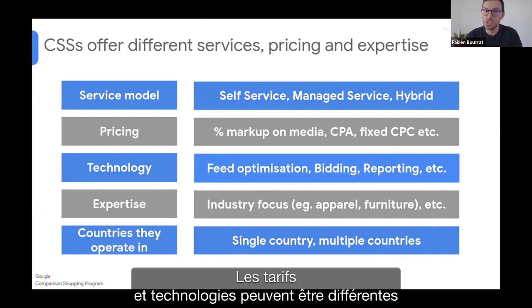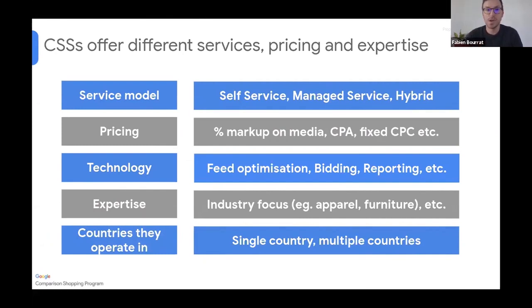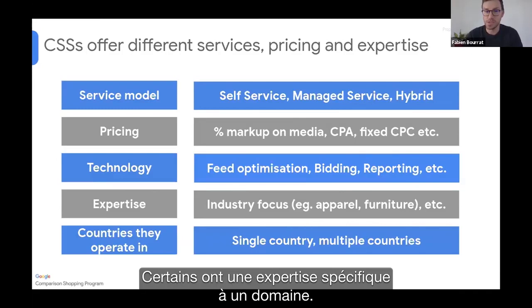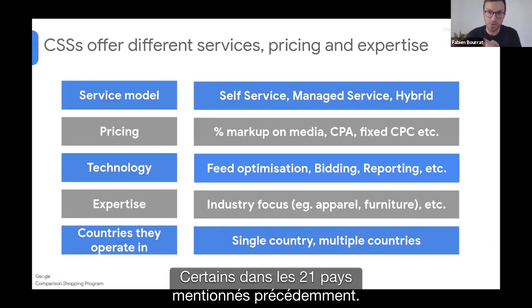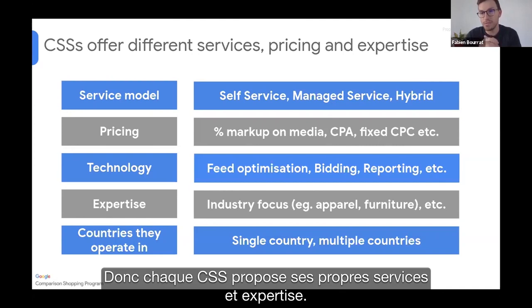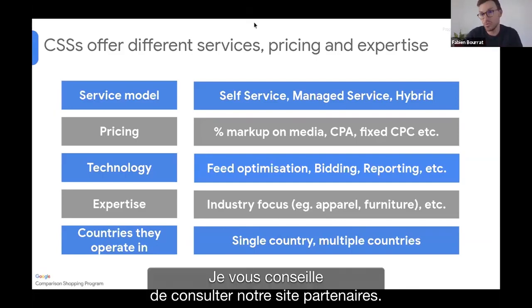They can have different technology, feed optimization, bidding, reporting. Some have a specific expertise about an industry. Some operate in just some countries, some in all the 21 countries I mentioned before. Each CSS has its own expertise and services for you to have a look. So I would recommend you to have a look at the portal.